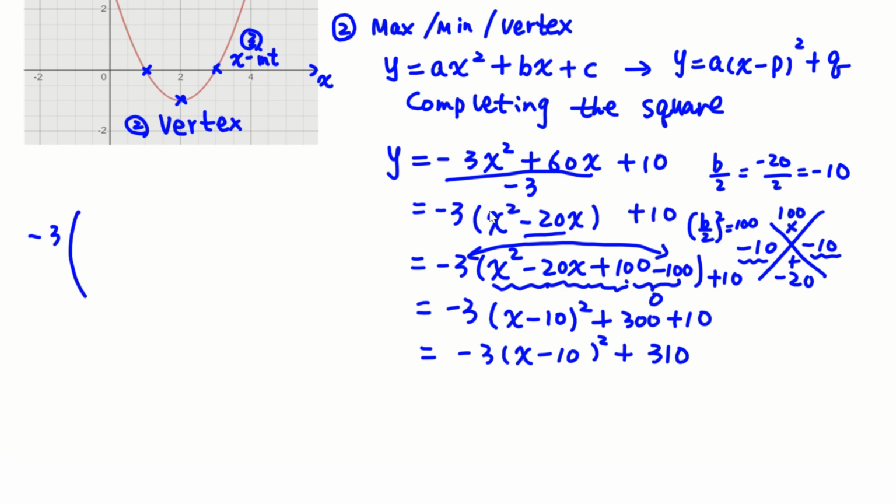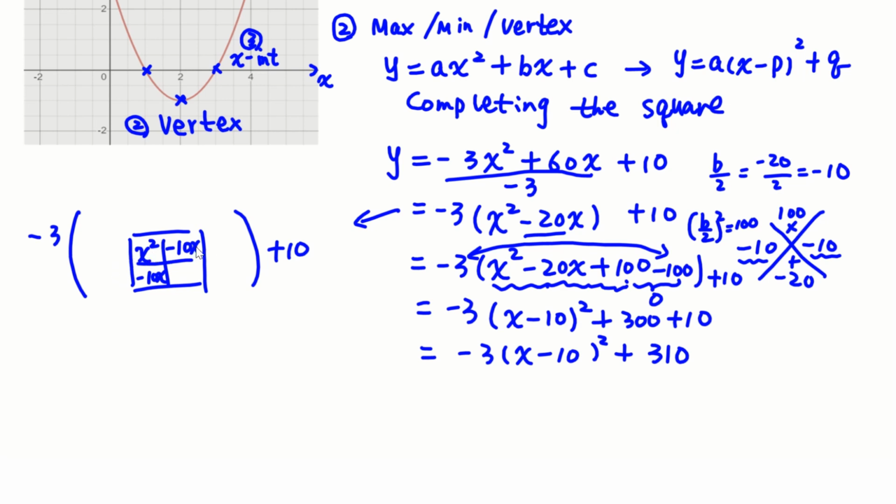So x squared minus 20x is inside the bracket, and the plus 10 is outside. Whatever is inside the bracket, we are going to split the negative 20 in half. Negative 20 divided by 2 gives you negative 10, negative 10.